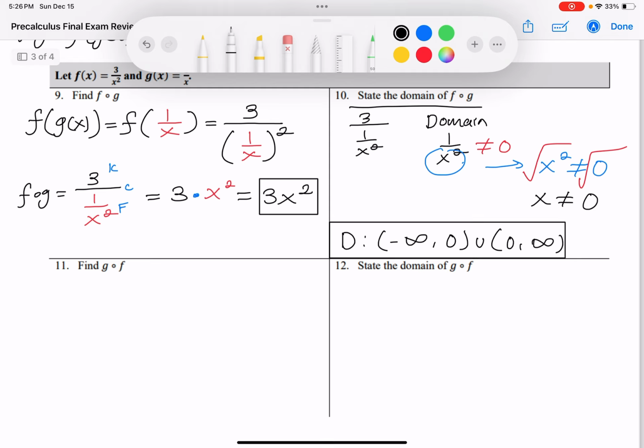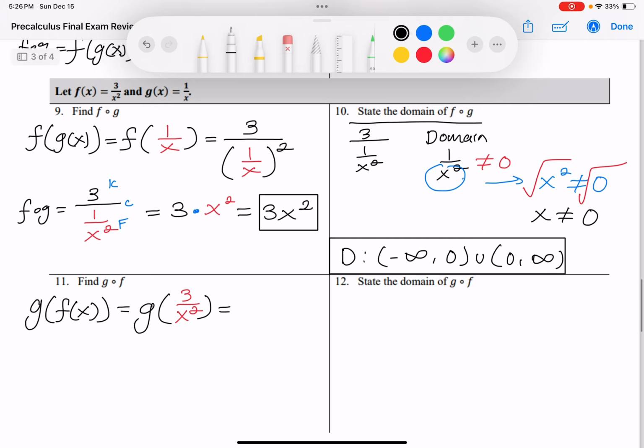Now we're going to do the same thing for g of f. So that's going to be g of f of x. f of x equals 3 divided by x squared, so we're going to replace the f of x with 3 over x squared. g of x equals 1 over x, so it's going to be 1 over x.